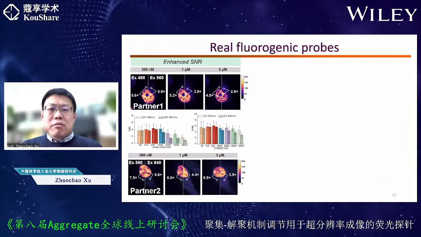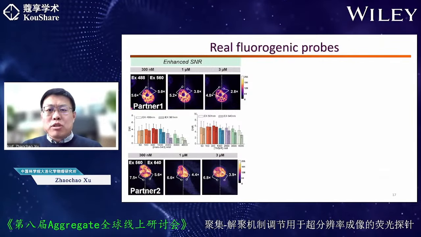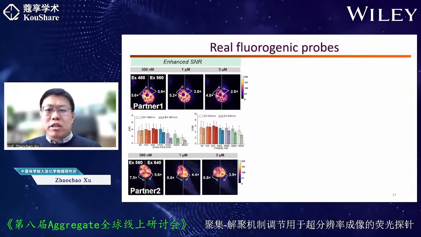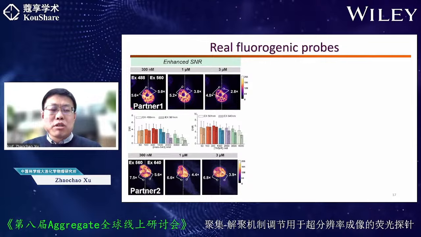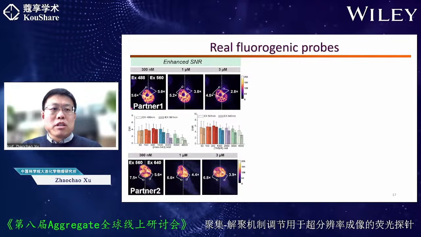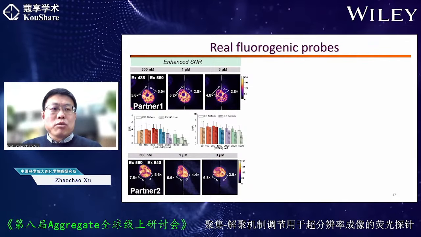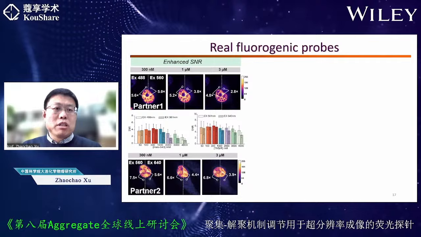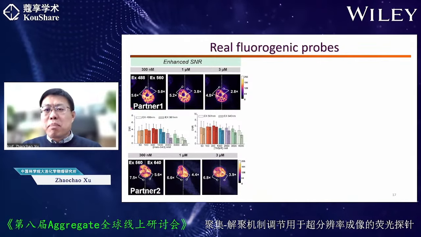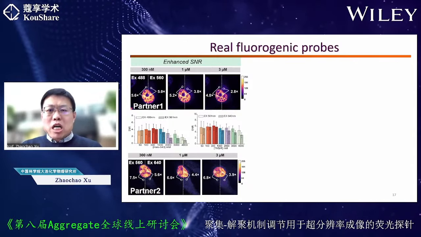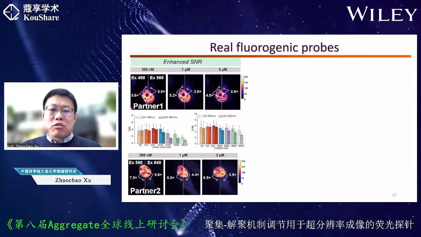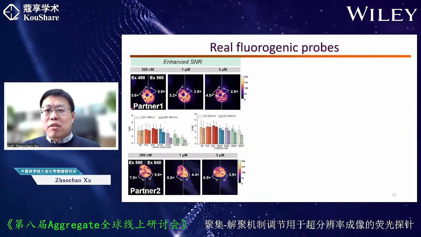In the JFP rhodamine group, it's evident that as the concentration of the probe increases, the left side is the excitation of the fluorescent protein, and the right side is the rhodamine's excitation light. You can see the signal to noise ratio remains almost unchanged when using JFP excitation light.